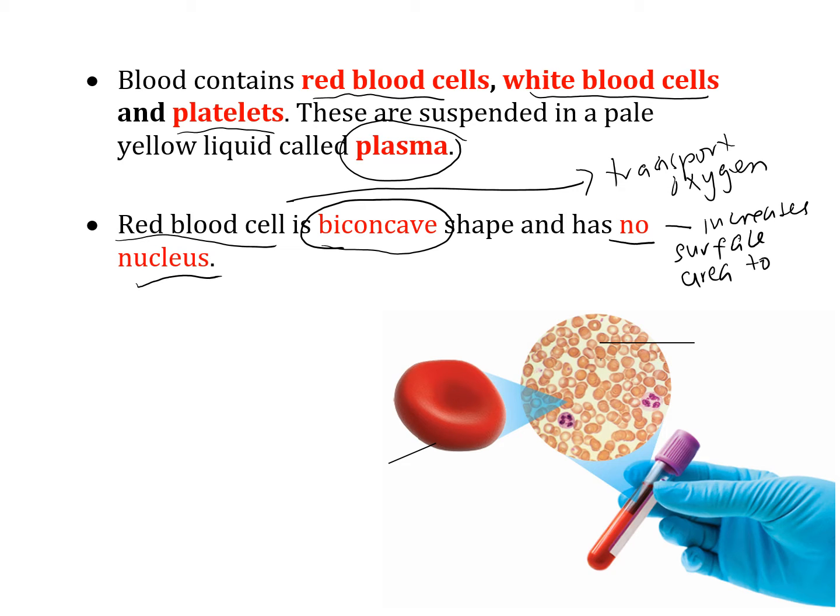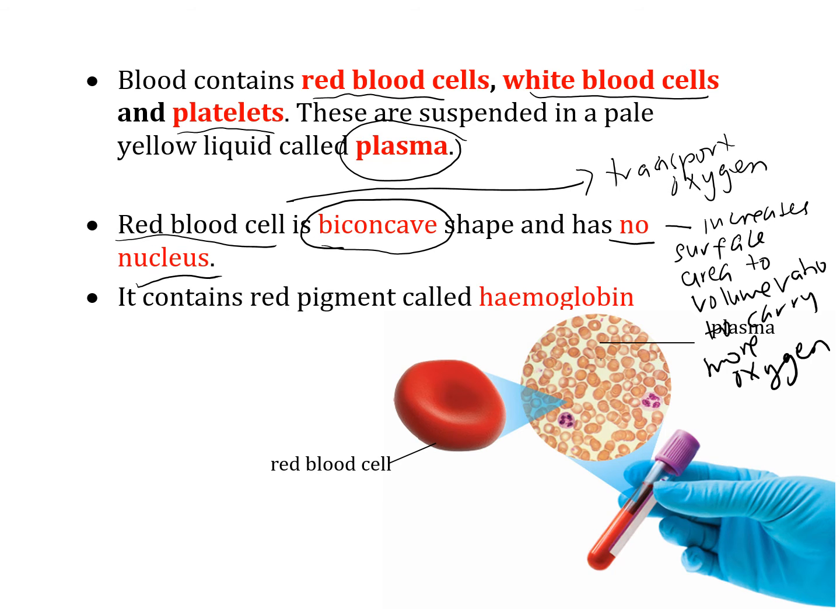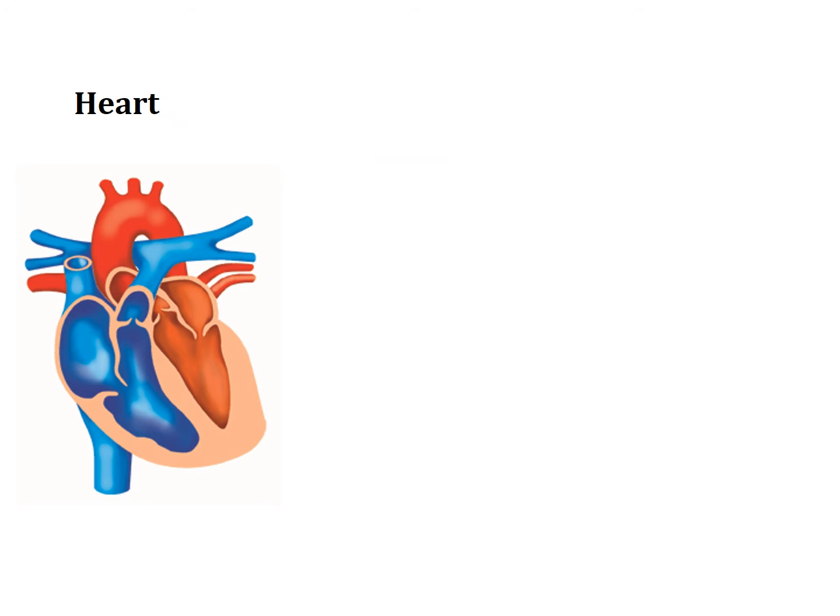It means that there's more area for it to carry more oxygen. Now, in order to carry oxygen, the red blood cell also contains the red pigment called hemoglobin. So that's why it also gives the red blood cell the red color.